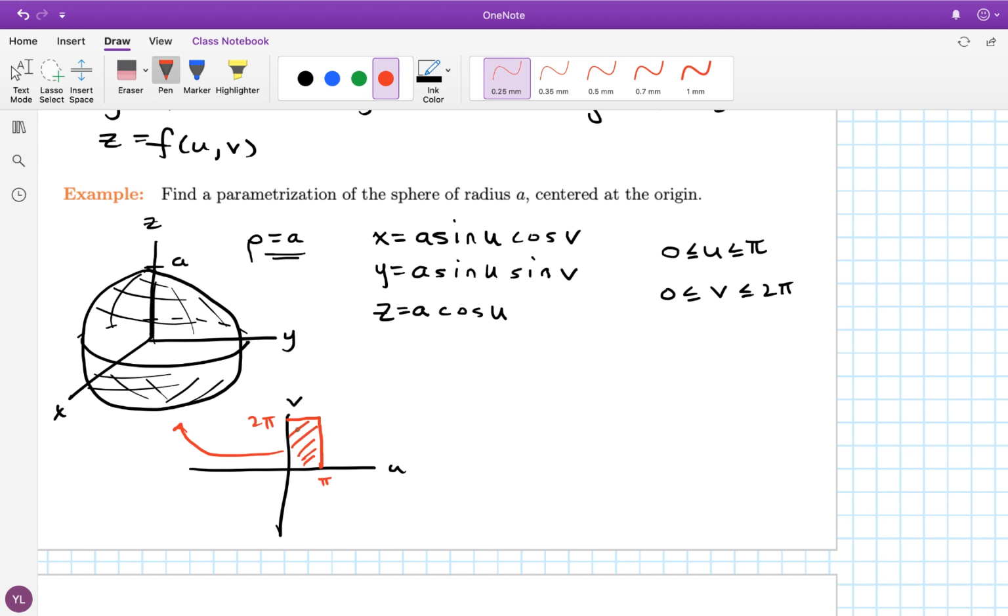The latitude and longitude lines are vertical and horizontal, and you can imagine wrapping, transferring this grid onto the longitude and latitude lines that we see on a globe. And then just lastly, let me write it out as a parametric surface. So what I've built here is the following.